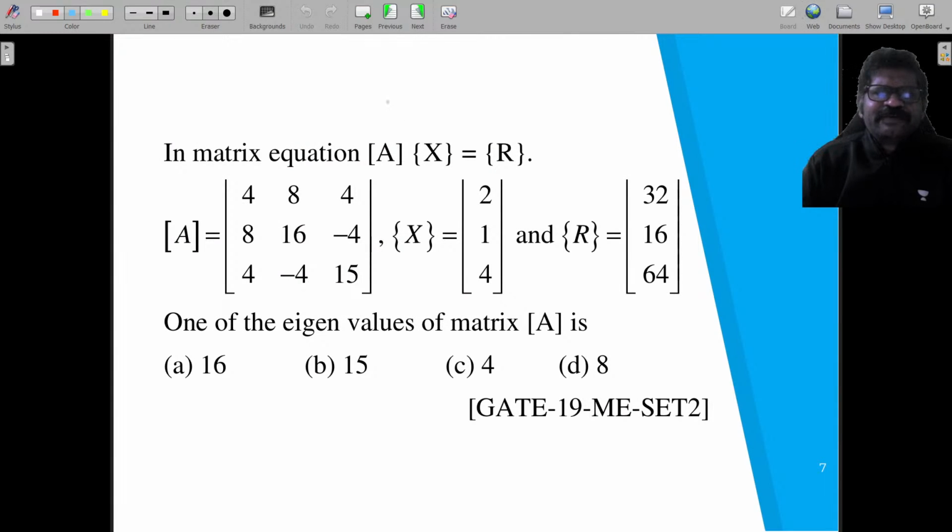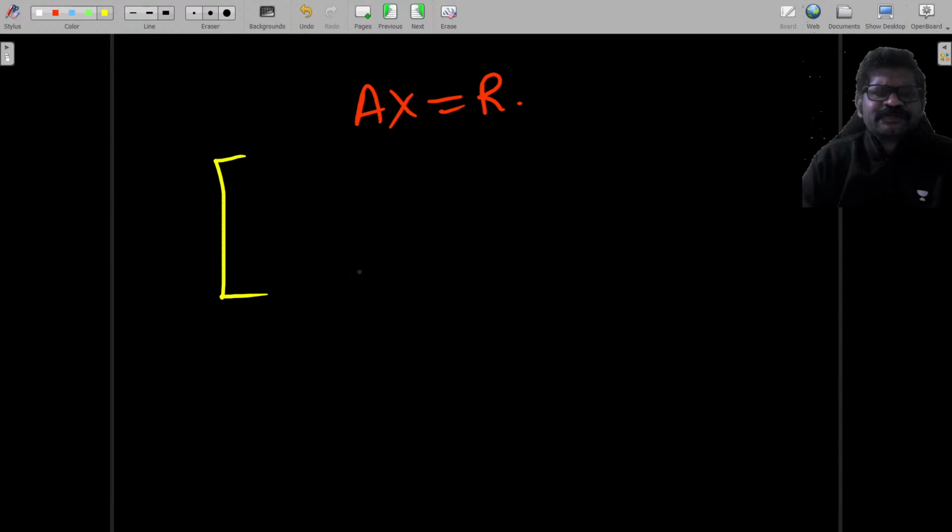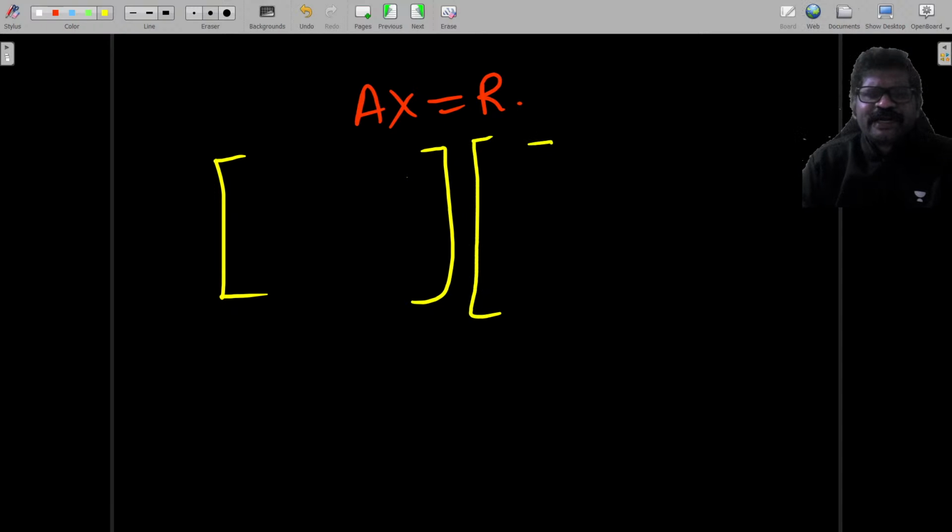In matrix equation, AX equal to R, then one of the eigenvalue of A. Given that AX equal to R, A is provided in the data, X is provided in the data, R is also provided in the data.